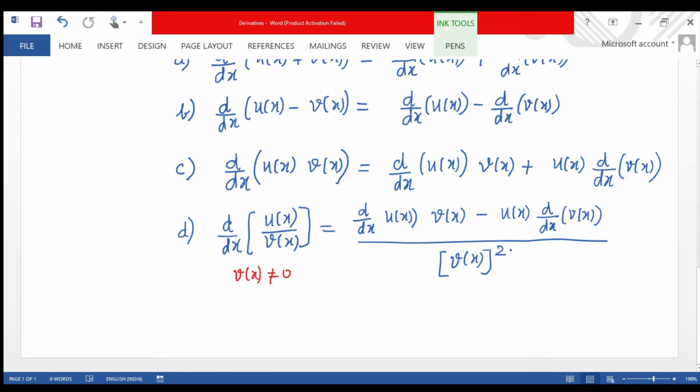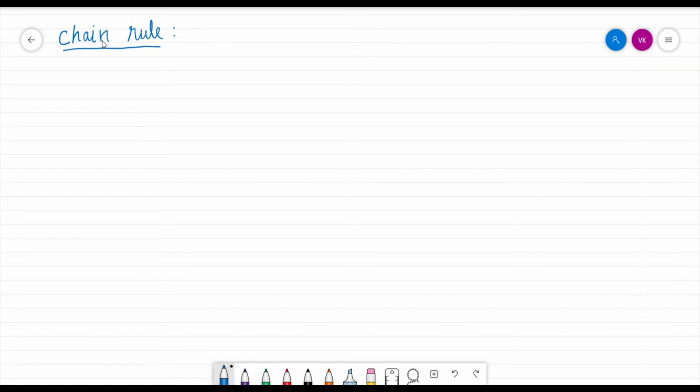Next, we discuss the chain rule or function of function rule. Now let us state the chain rule for derivative. It is also called the composite function rule or function of function rule.